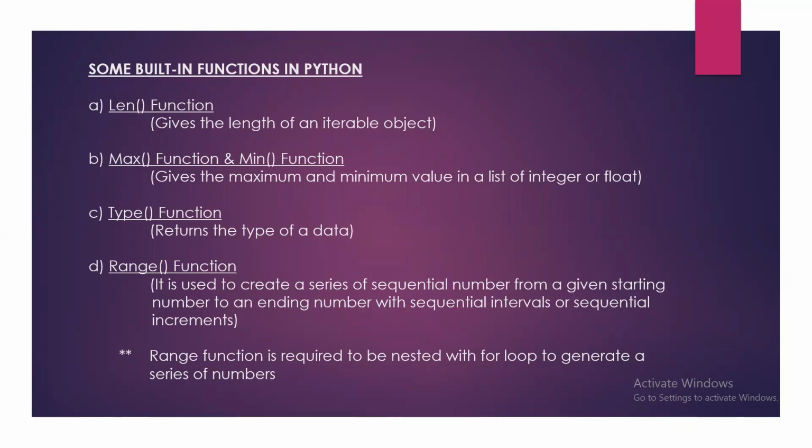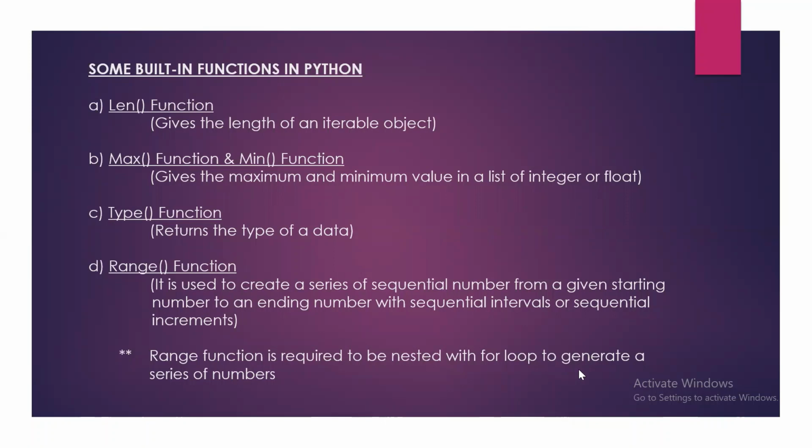And the range function is required to be nested with a for loop to generate the series of numbers. When we use the range function, it will only store the series, but in order to get the series as output, we'll have to nest it with the for loop.